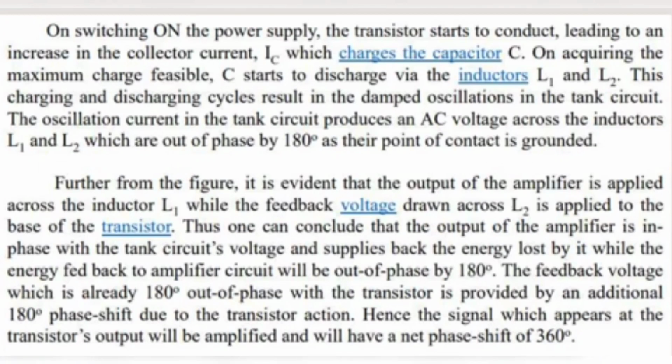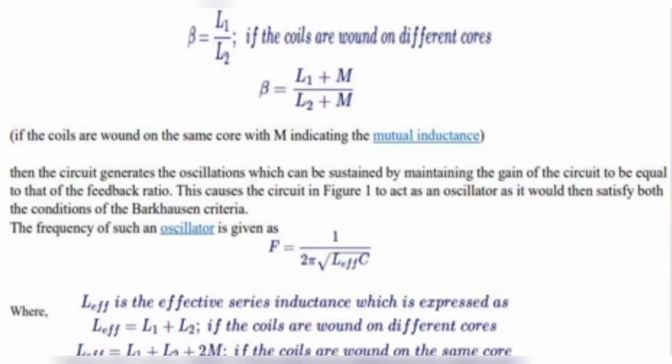The feedback voltage, which is 180 degrees out of phase, is provided with an additional 180 degree phase shift due to the transistor action. Hence, the signal appearing at the transistor output will be amplified and will have a net phase of 360 degrees: 180 plus 180, 360 degrees.